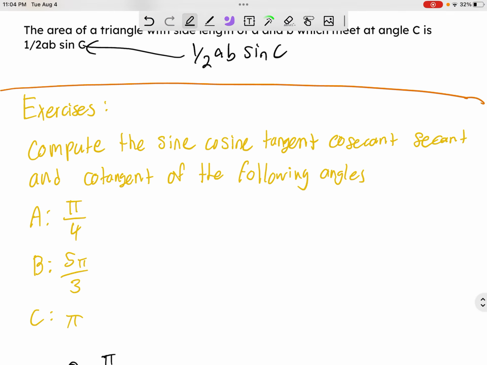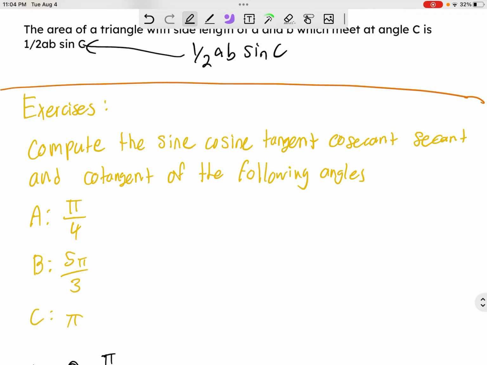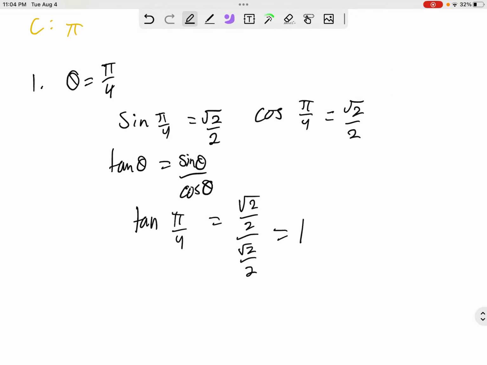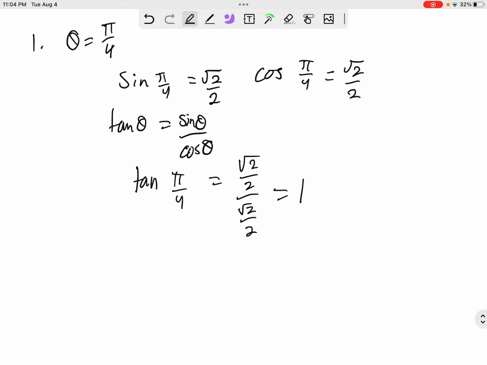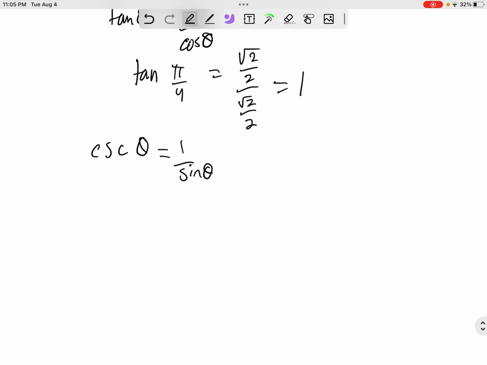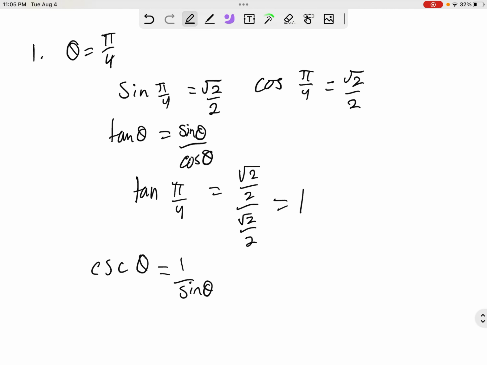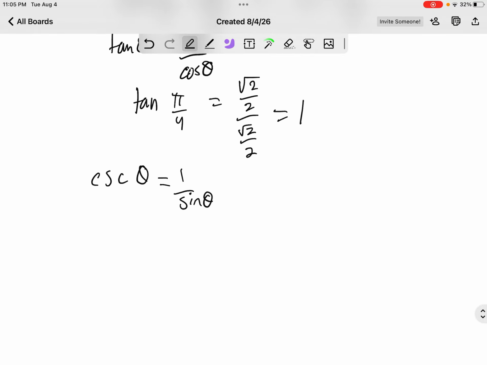So we found our first one, which is 1. Next one, we'll use the cosecant formula: csc theta will be equal to 1 over sine theta. We'll just substitute.